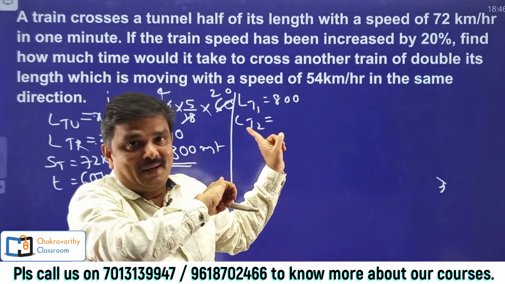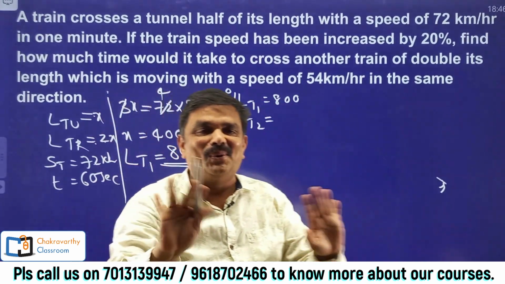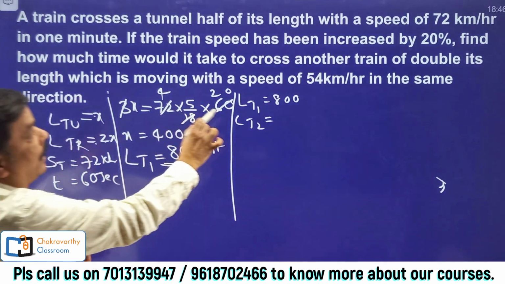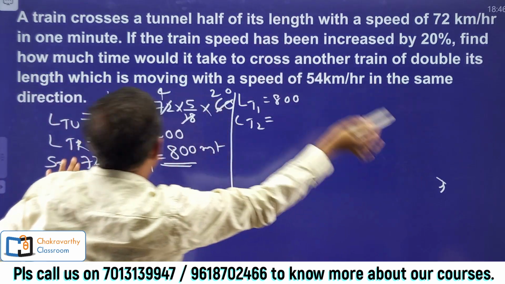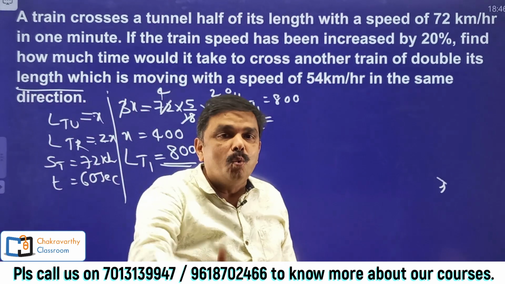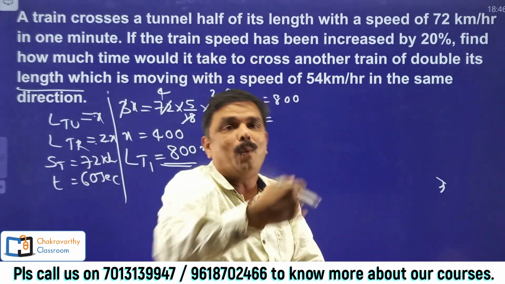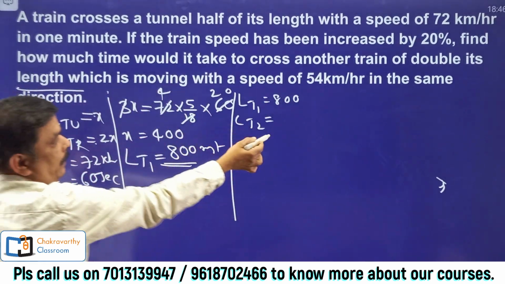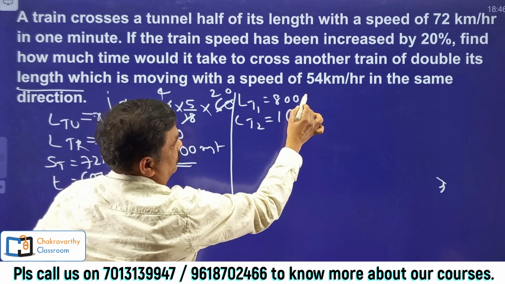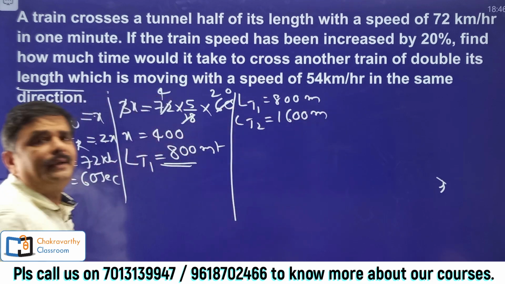I'm sorry, in the beginning I told you first train is double the second one. No. Second train, clearly. Just find how much time would it take to cross another train of double its length. That means length of train 2 is double the length of train 1. Now simply you see here, length of train 2, 800 into 2, 1600 meters. These are in meters. Done.